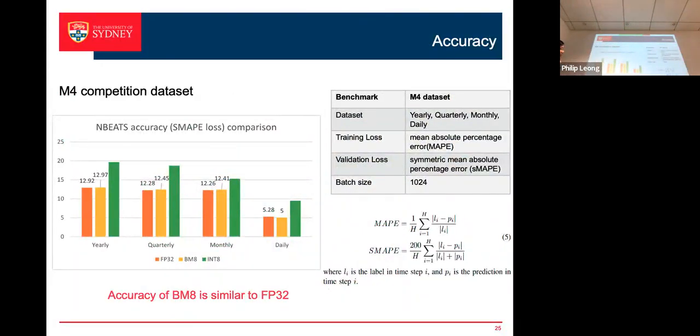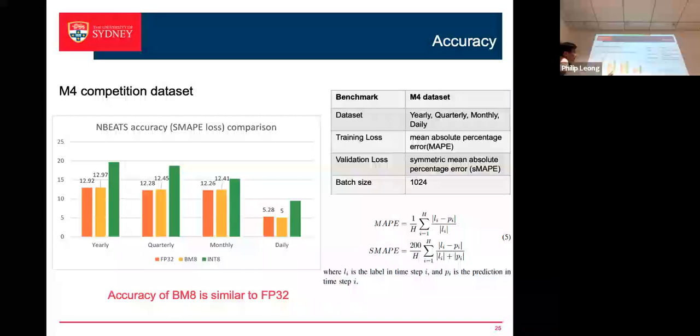In terms of accuracy, we tested it on a benchmark set called the M4 competition. FP32 and BM8 are in the red and orange colors, and as you can see, we get the same accuracy as 32-bit floating point.